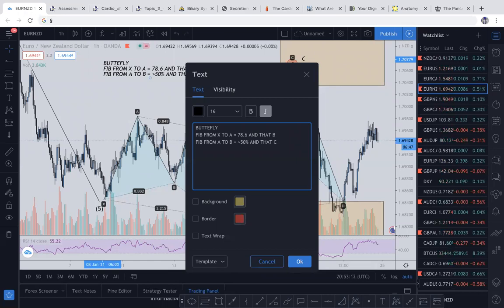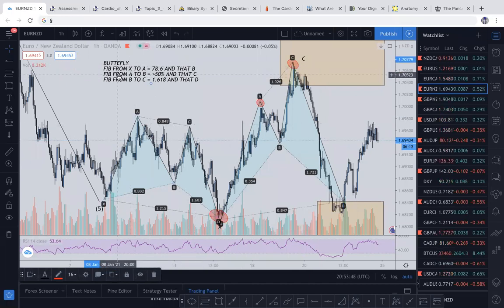Now to obtain D, fib from B to C, and that should be equal to 1.618.